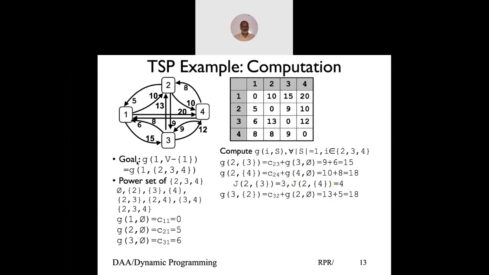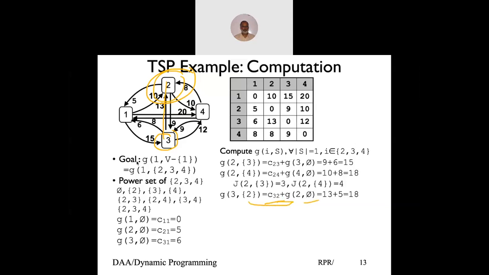Now look at G(3, {2}). G(3, {2}) means we start from vertex 3. We can go via this set having vertex 2 and then come back to 1. So it basically means my edge C32 plus G(2, ∅), because we already taken 2.